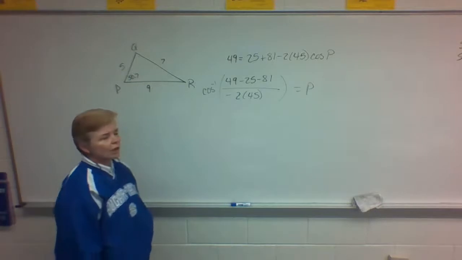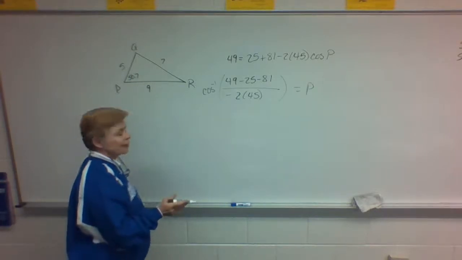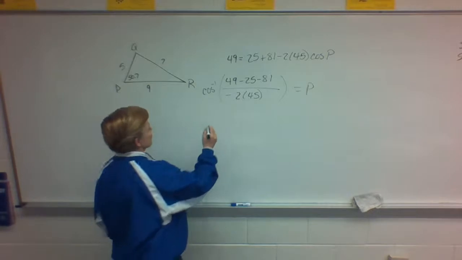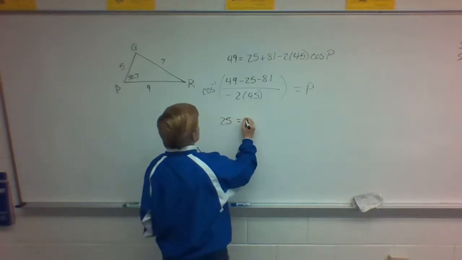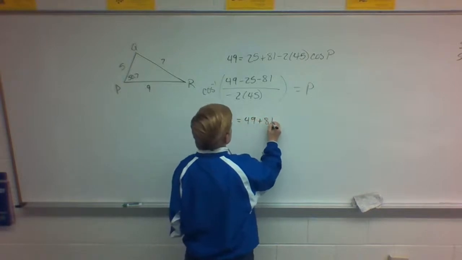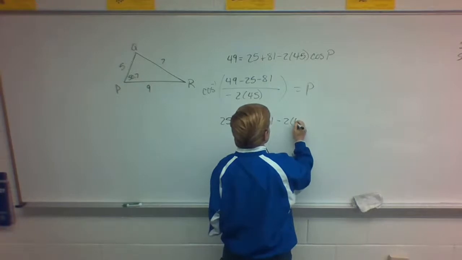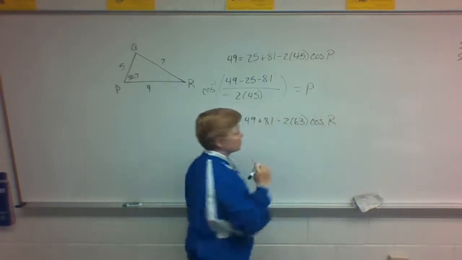If you're tempted to go to the law of sines next, go right ahead. You may be wrong. I'm going to stick with cosines. Which one do you want to find next? Let's do R. What shall I start with then? 25 equals 49 plus 81 minus 2 times 7 times 9 cosine of R. You okay with that?